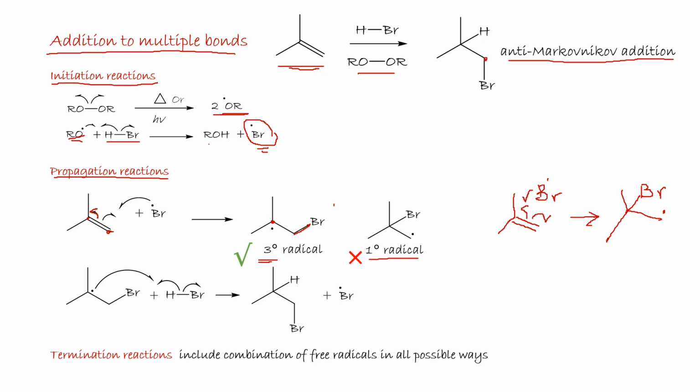Of course, the tertiary radical is more stable, so this radical will be formed, not the primary one, and this will proceed. So this radical will react with HBr to form a carbon-hydrogen bond and release Br radical.